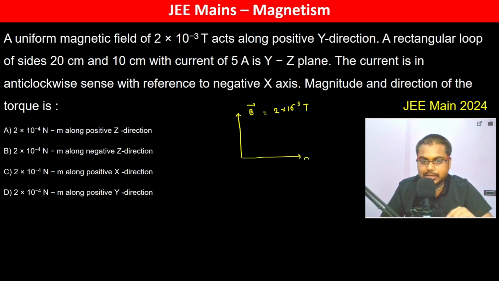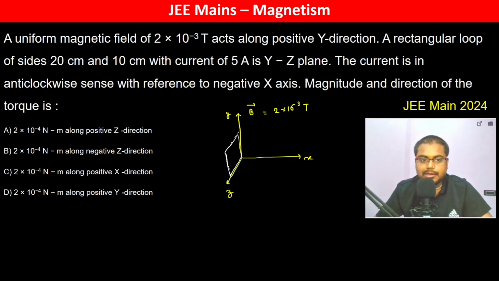This is X, this is Y, and this is Z. So the loop is something like this. This is the loop, and it is 20 centimeter by 10 centimeter.